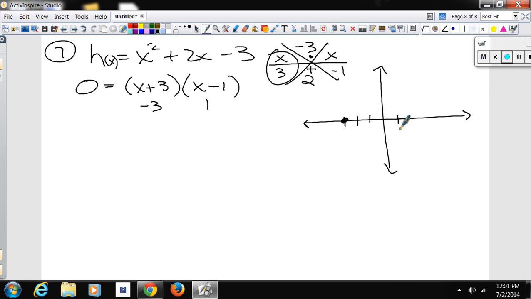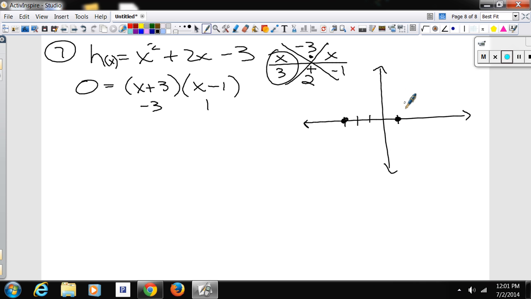Positive 1 is over here. Now, do you remember what kind of graph this is going to look like? Is it going to be a U or an N? It would be a U because that's a positive x squared, right? So I'm looking for a U-shaped curve that's going to have these two x-intercepts.